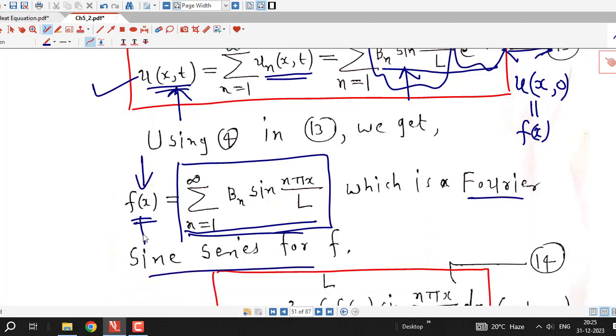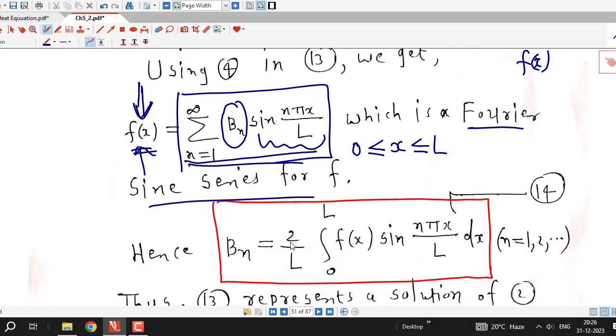We can see that this function f(x) is represented as the sum of sinusoidal terms, and we know that this is nothing but the half range Fourier sine series for the function f, which is valid in the interval 0 to L, and therefore these bn's are nothing but the Fourier coefficients of this function f(x), and they are given by bn equal to 2 divided by L, integral 0 to L, f(x) sin(n pi x / L), integral with respect to x.